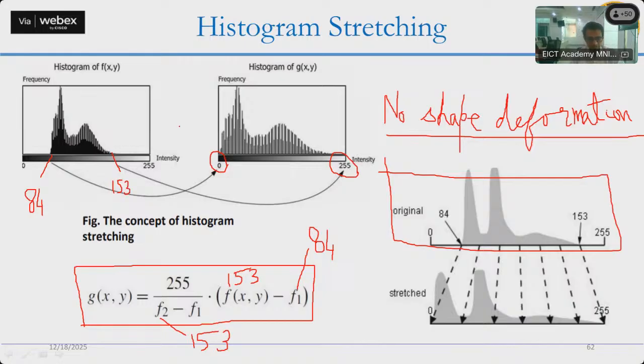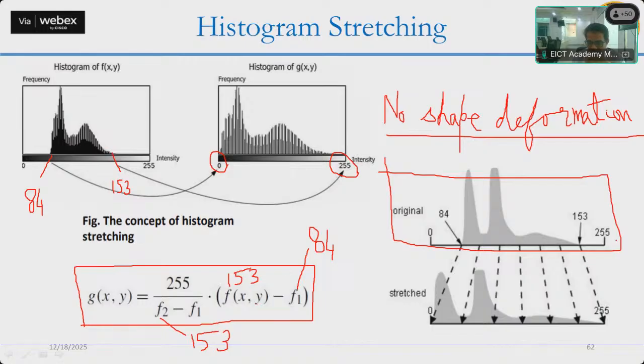So this shape has been stretched to this one. How has it become possible? Due to this mathematical formula. As we have already seen, when you put 84 minus 84, the first value was 84, this is the present value, so 84 minus 84 will be 0.